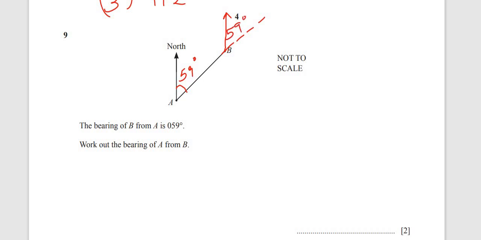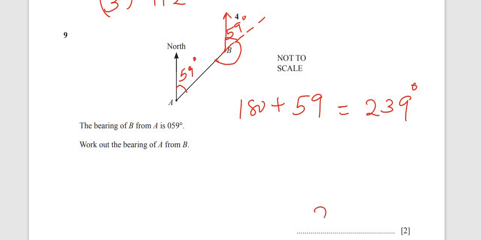Then we know that the whole of this is 180. So the bearing of A from B means the whole of this. So 180 plus this one, which is 59. So 180 plus 59 is equal to 239 degrees. So the bearing of A from B is 239 degrees.